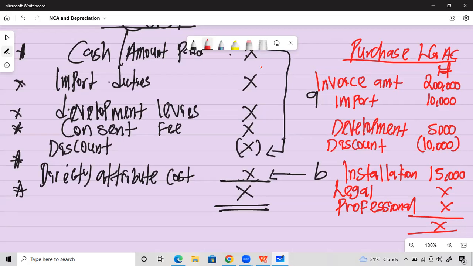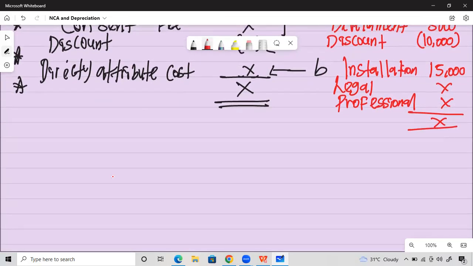If I bring this asset to Delta, I can't use it yet. I still have to do some work, some installation. So those installation costs as well, you will also add. If someone asks how much you bought this equipment, you are not going to say 190,000 naira.